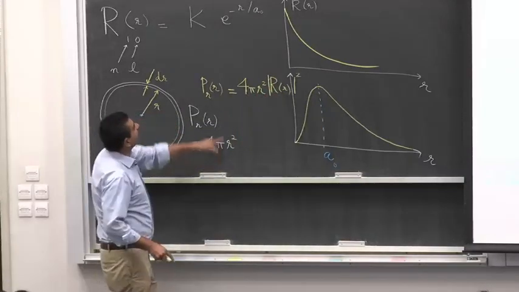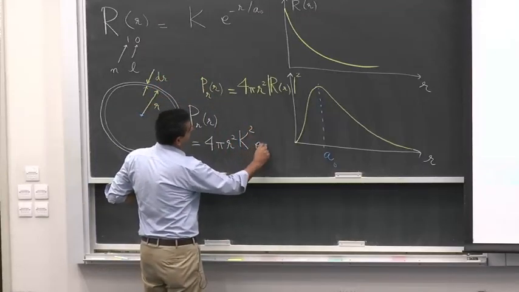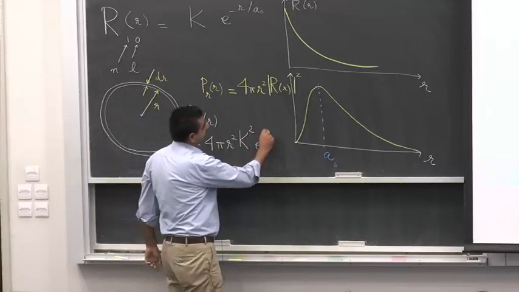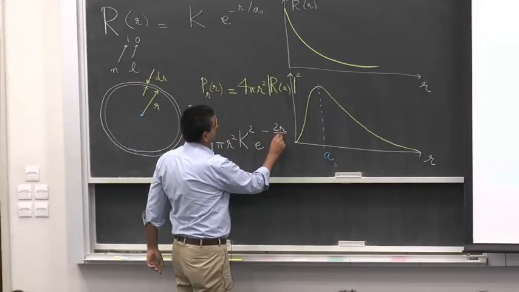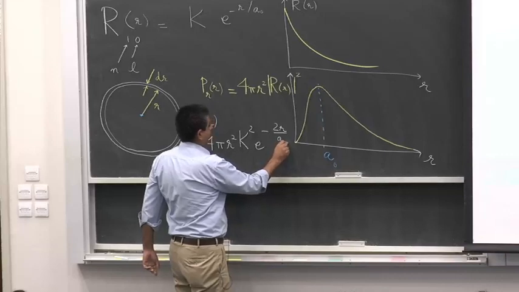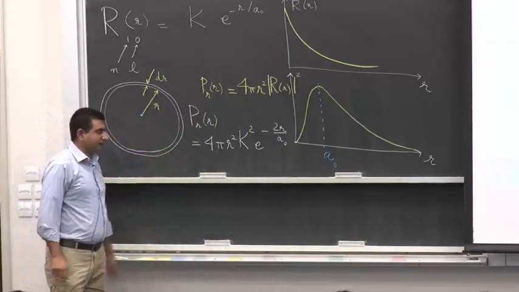So this is 4 pi r square. I take the square of this, k square e raised to power minus 2r over A naught. So this is the radial probability density.